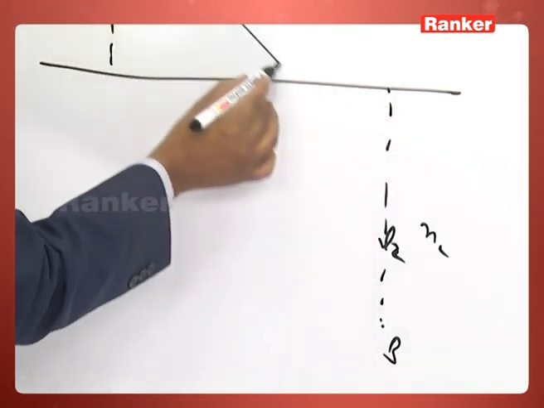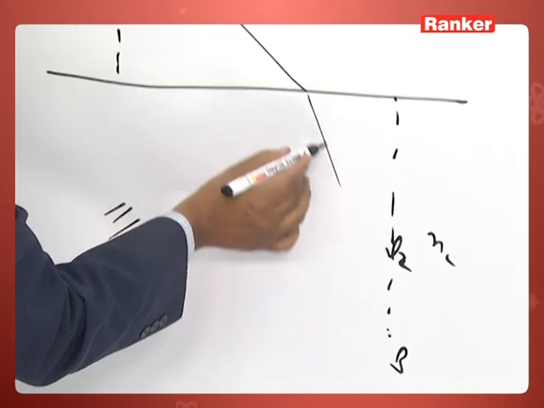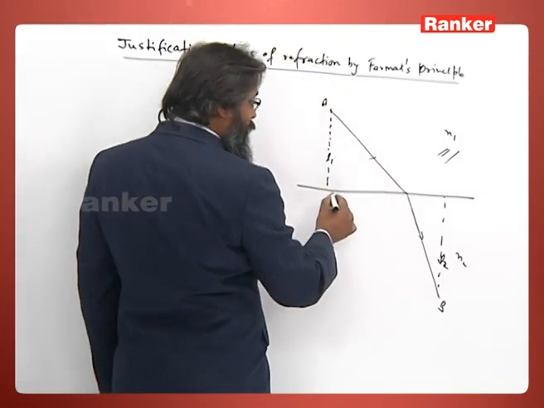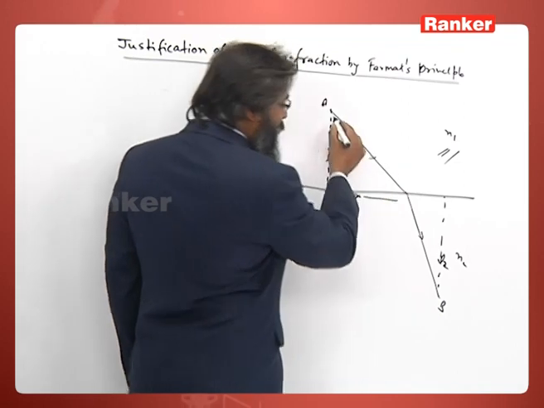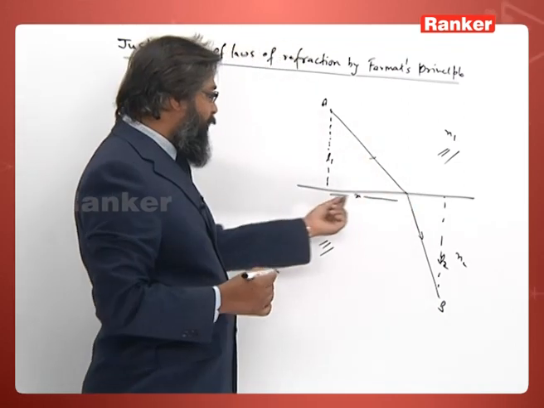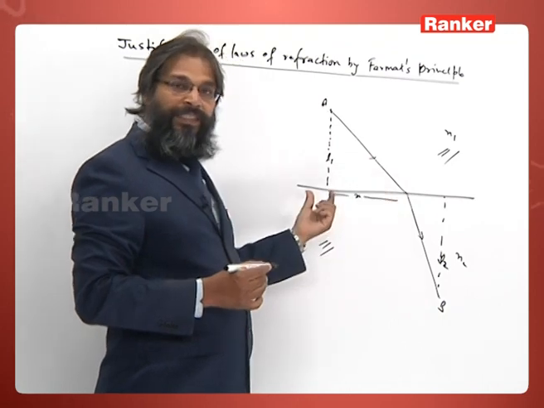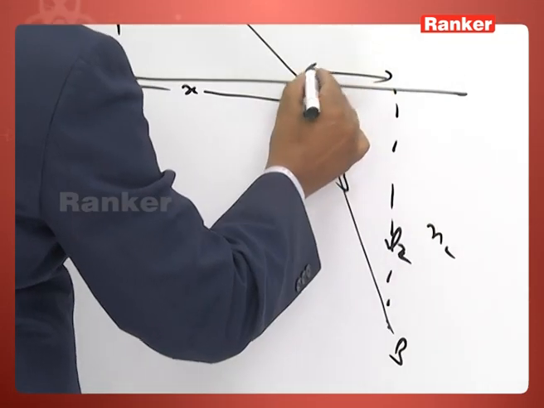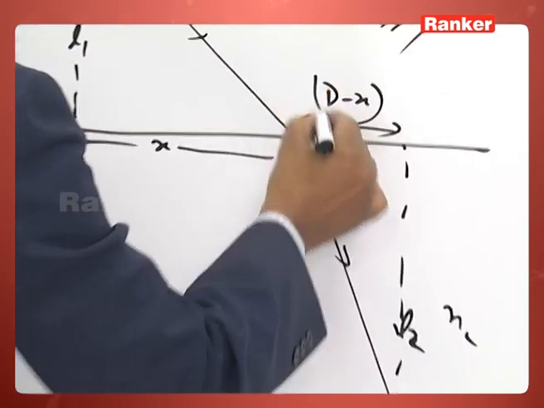Now suppose a ray goes like this and then, after refraction, goes like this. Let it be incident here, such that the point of incidence is at a distance x from C, so the other distance becomes D minus x.